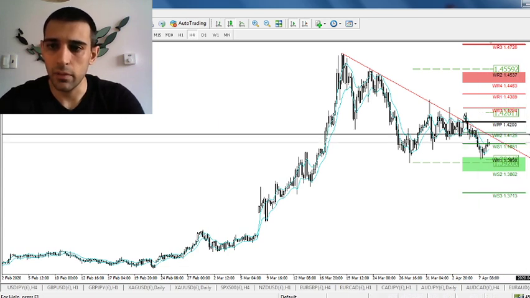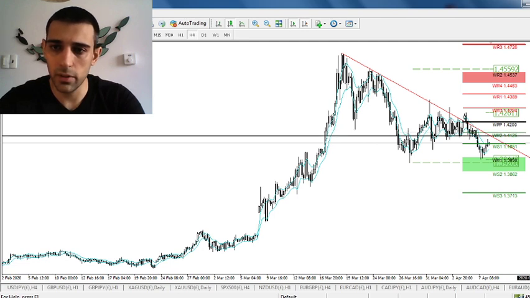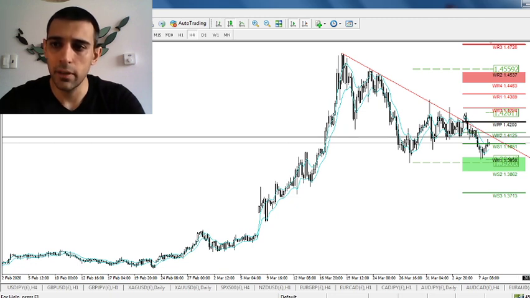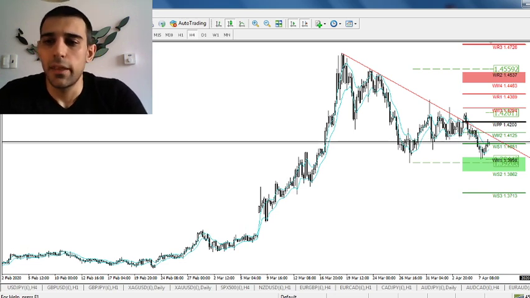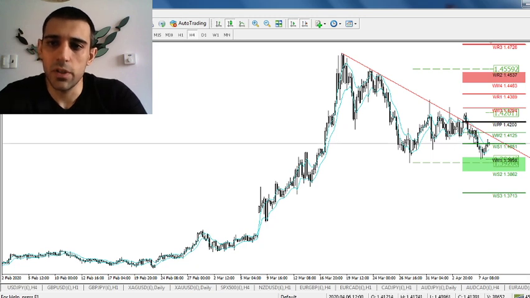So let's say price comes up here, retraces, so call it 41.05. We'll be looking at about 30 to 35 pip stops on that.